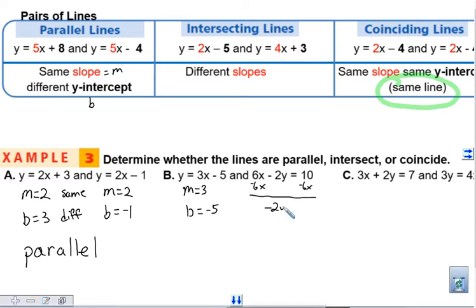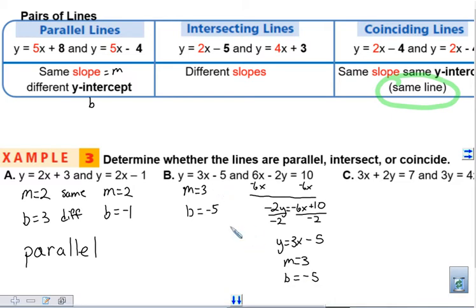So we have -2y equaling -6x plus 10, and then divide everything by -2. So we have y equals 3x plus, no, not plus, -5. So our slope is 3, and our y-intercept is -5.